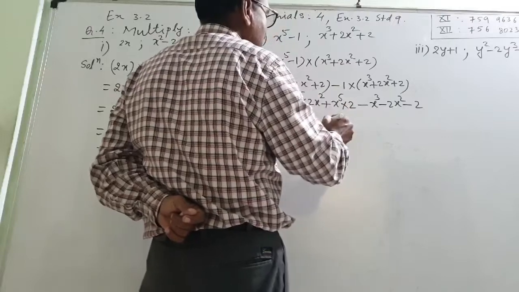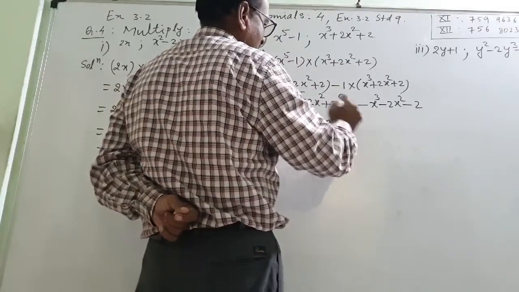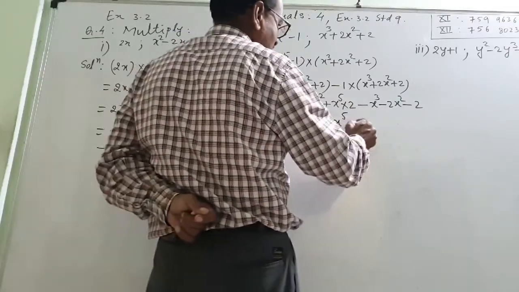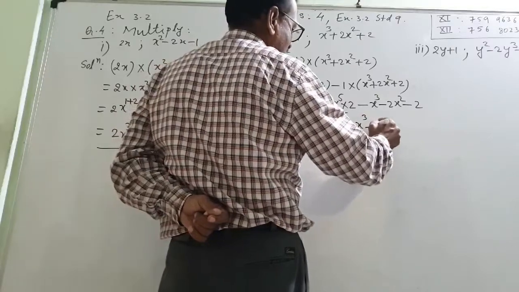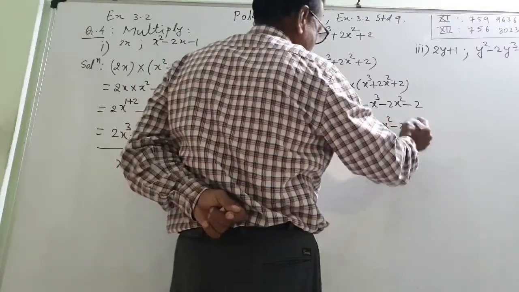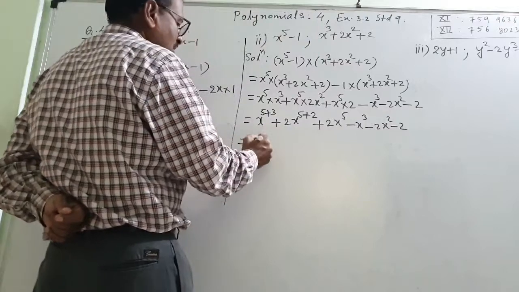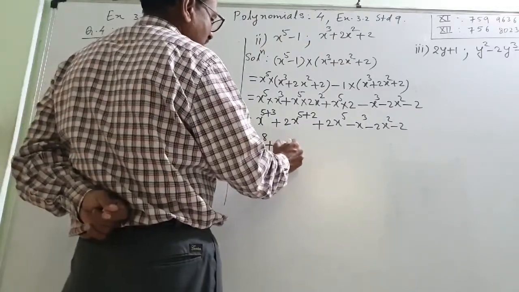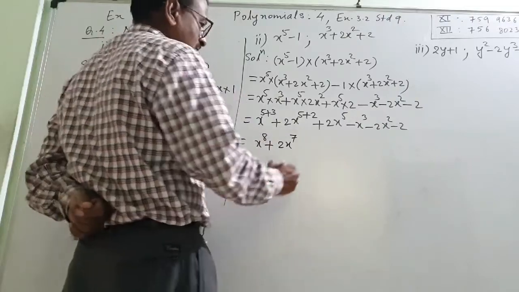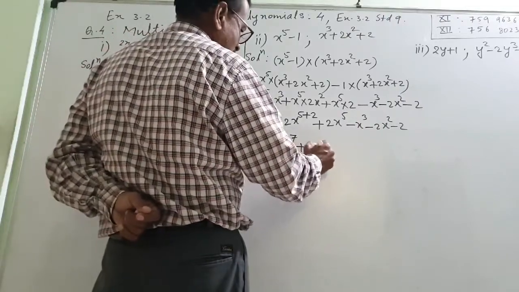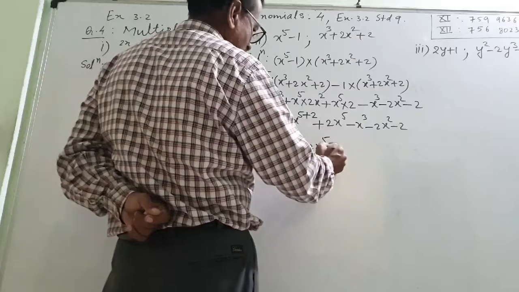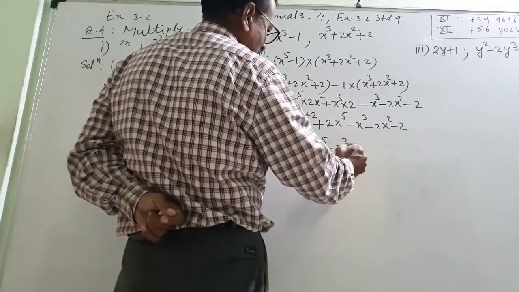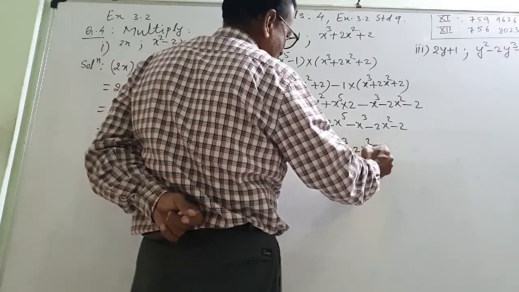This will be as it is 2x raised to 5, minus this x raised to 3, minus 2x square, minus 2. So that is equal to x raised to 8 plus 2x raised to 7 plus 2x raised to 5 minus x raised to 3 minus 2x square minus 2.